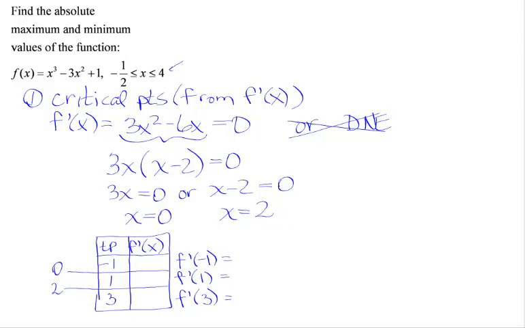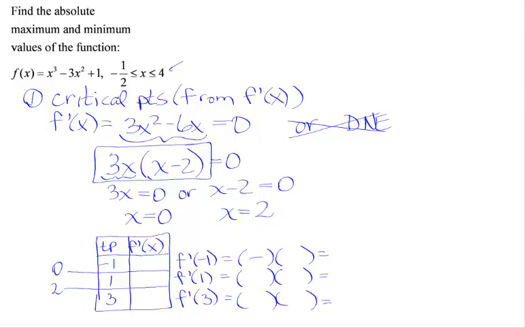When I plug in to the first derivative function, I generally do it in that form. And I generally don't worry about value. I just worry about sign. That's all I'm after. When I plug -1 into this term, I get a negative value.